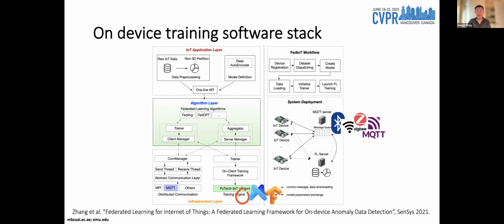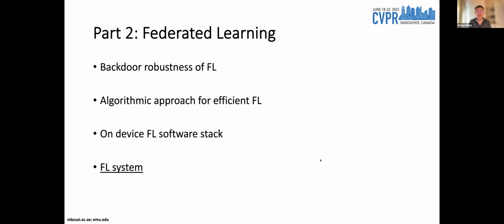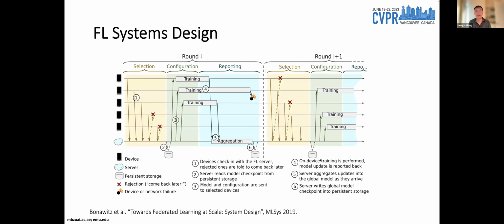So that's basically the on-device software stack. But what happens if we look at a higher layer, beyond the on-device software stack, which is the federated learning system? This paper was published at MLSys 2019. This is a very classical design of a federated learning system. For each federated round, the cloud checks the available devices. Some devices may not be available or may refuse to join.